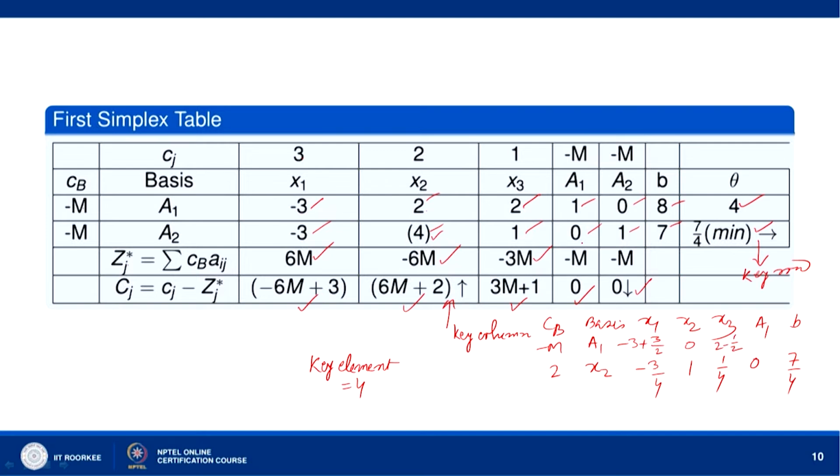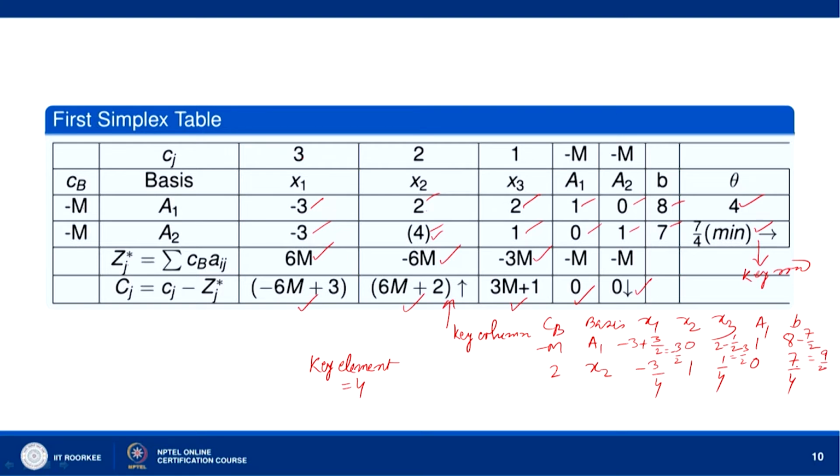Then we get 1 here, and multiplying by 2, 7 by 2 we have to subtract from 8. So, 8 minus 7 by 2. So, minus 3 plus 3 by 2 is minus 3 by 2, here we get 2 minus half, that is 3 by 2, and here we get 16 minus 7, so 9 by 2.